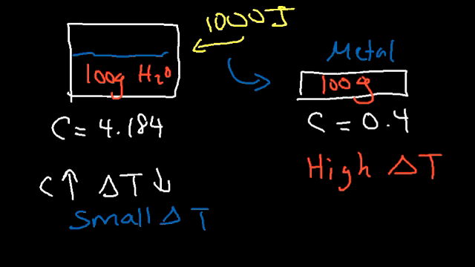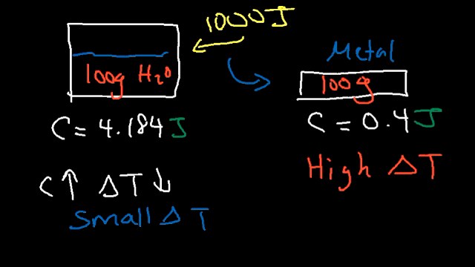It takes some time for the water to heat up, because water can absorb a lot of energy without changing the temperature much. You see, in this case, for a 1 gram sample of metal, it takes 0.4 joules of heat energy to raise the temperature by just 1 degree Celsius. But in the case of water, it takes 10 times as much energy to heat up that sample of water by 1 degree Celsius.